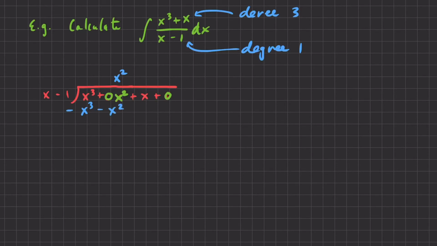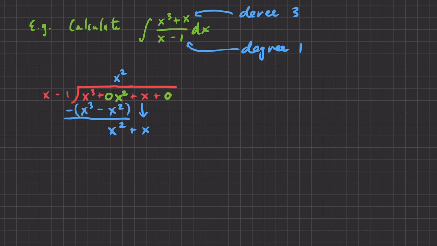Now I do the subtraction, and keep in mind I'm subtracting the whole polynomial there. So I've got x cubed minus x cubed, which is 0x cubed. I won't bother writing that. And I've got 0x squared minus negative x squared, which is equal to positive x squared. And now I'm going to bring down this next term, and I've got x squared plus x.